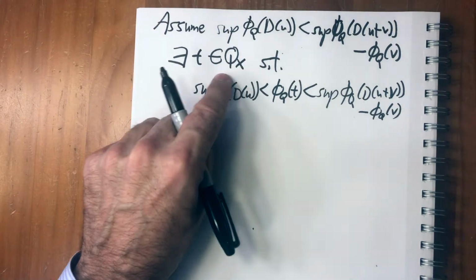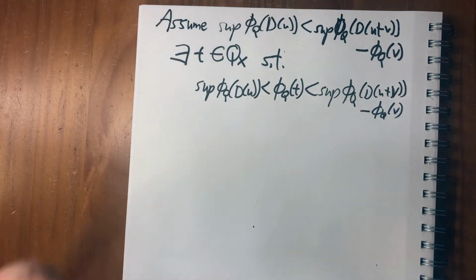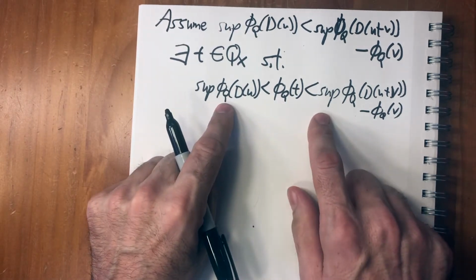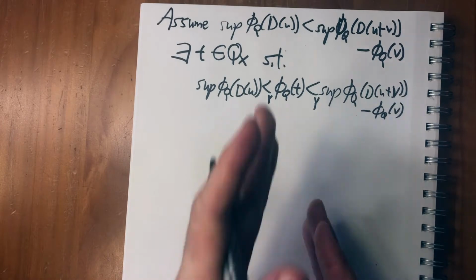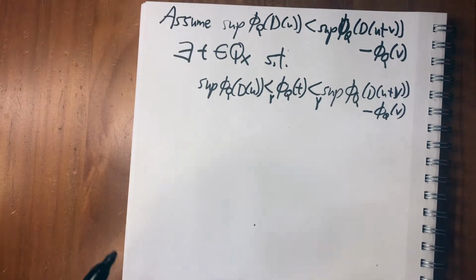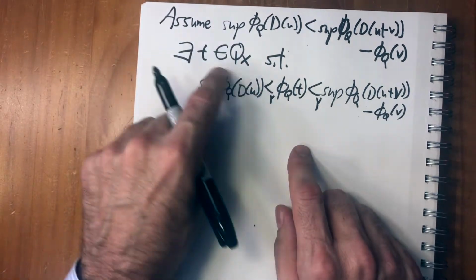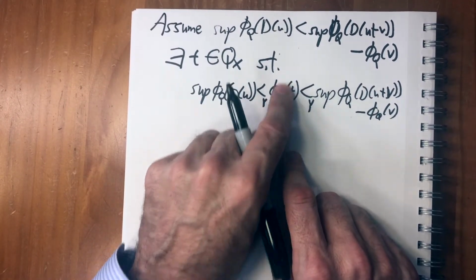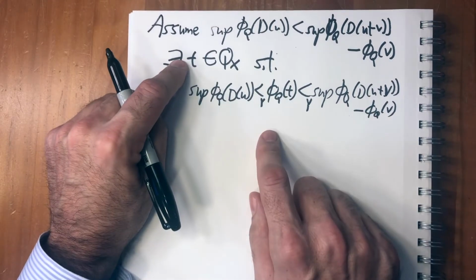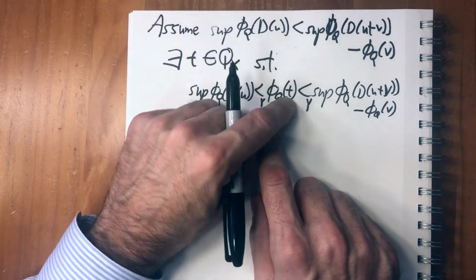So what we did is we're picking a t in x, but what we're actually doing is we're saying that because the rationals are dense in y, there's going to exist some rational number between them. But because phi q is onto, that means that there's going to be an x that will give us that number. Okay, so we're using density to find a number between them, and then we're using the fact that phi q is onto to find the t that maps to that number.